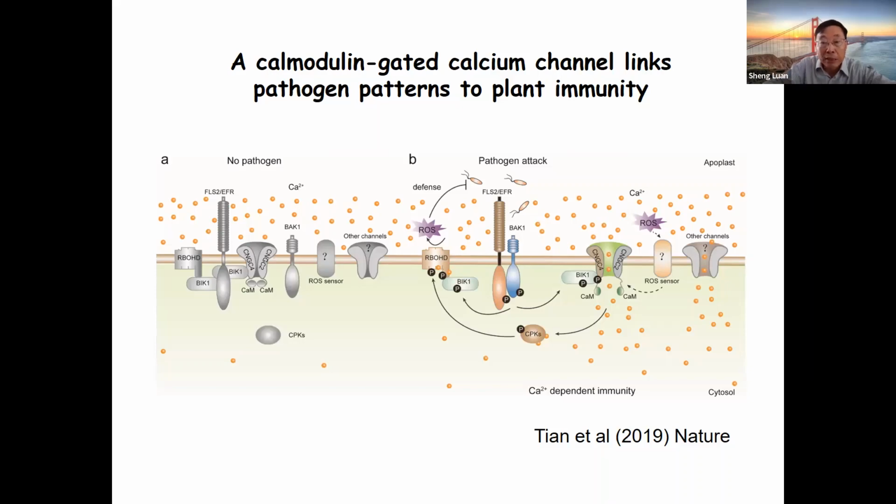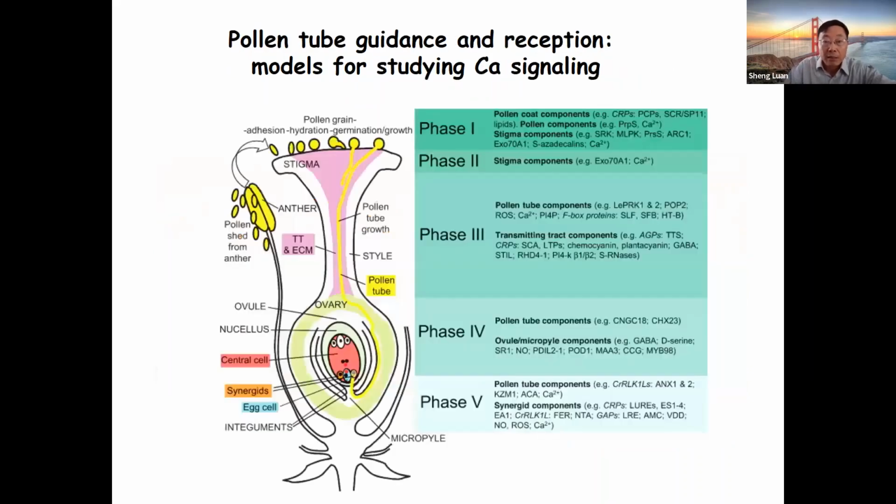Another example is reproduction in plants. We know that from pollen germination, pollen tube growth and guidance, all the way to arriving at the ovule, and then the pollen tube interacts with the synergid cell to trigger cell death and then sperm release, followed by fertilization.